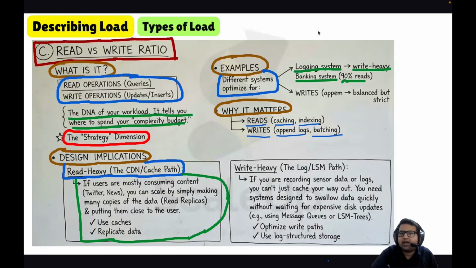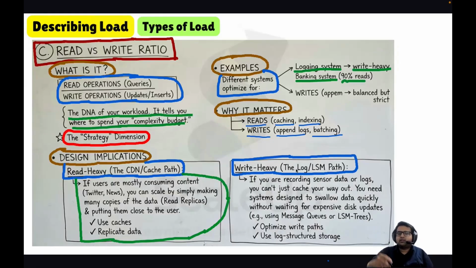And for write heavy tasks, like logs, the LSM path, like if you are recording sensor data, because we know that sensor data is real-time data or log, then it will be write heavy. In that scenario, you will need systems designed to swallow data quickly without waiting for expensive disk updates.